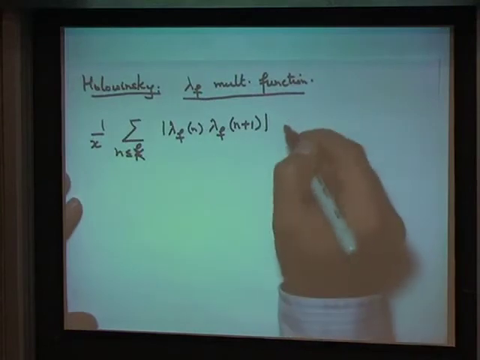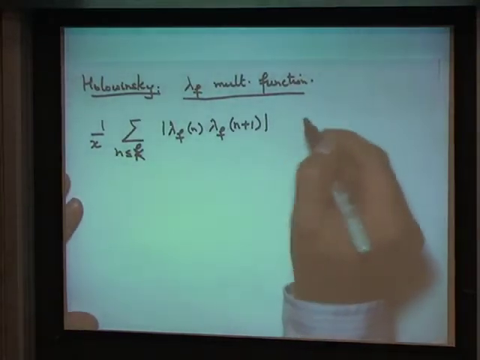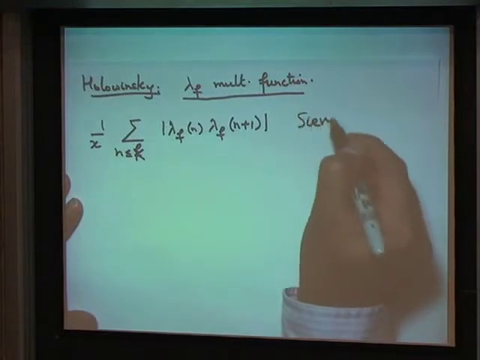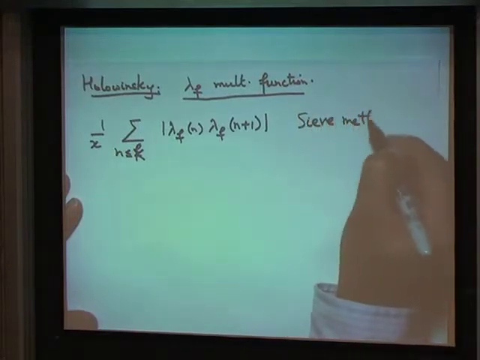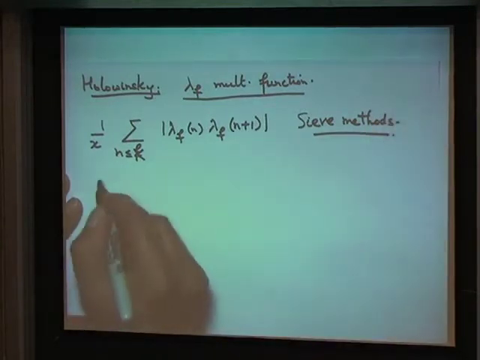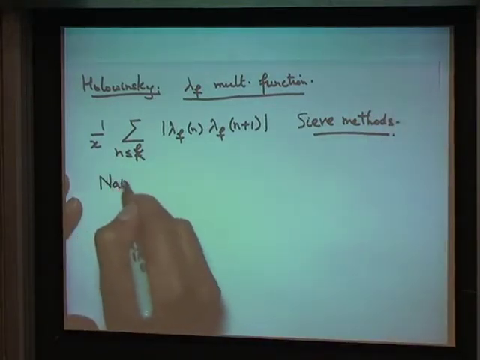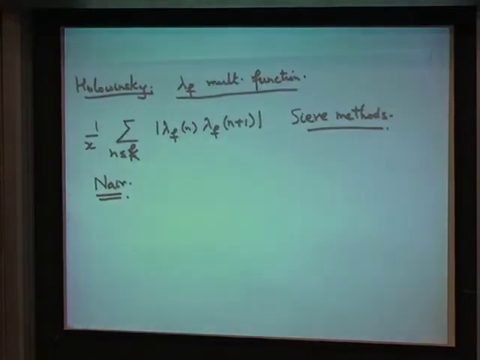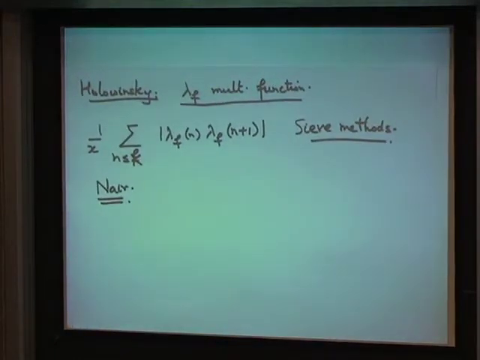So this is a bound which I said yes to last time. It comes out of sieve methods. Originally, it was considered by Nair, who proved very general bounds of this type for a general multiplicative function which was non-negative and bounded on the primes.